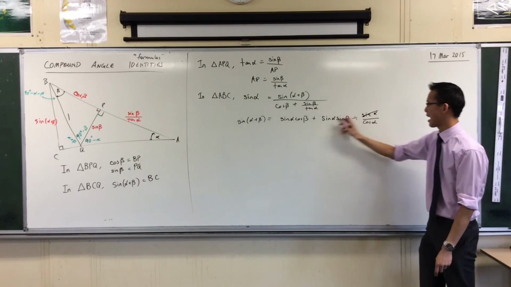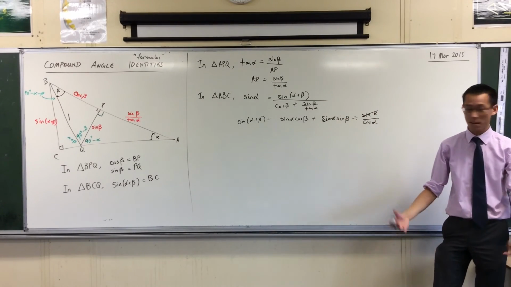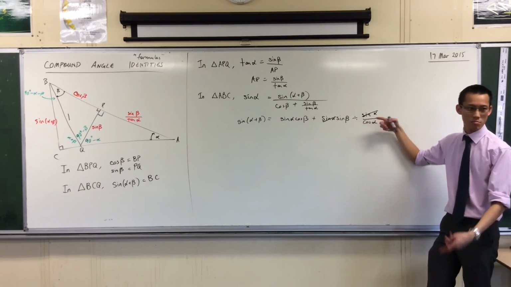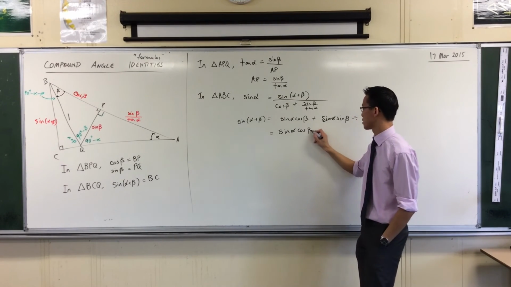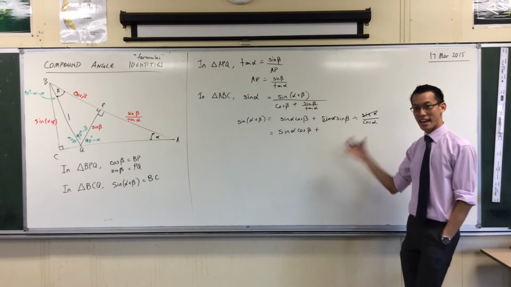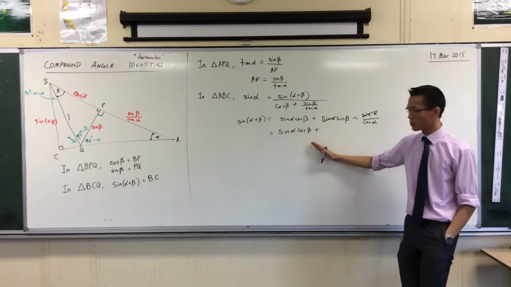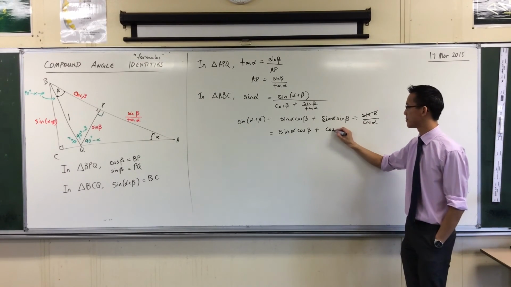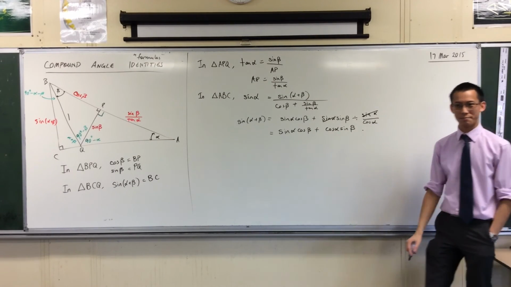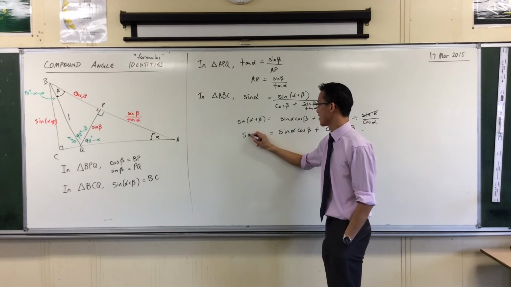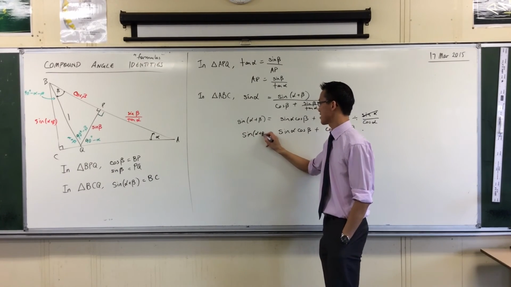I'm just going to cancel those guys, and then this will become times cos alpha. Sine alpha cos beta plus, we tend to write them in order of the angles, cos alpha sine beta. Done.